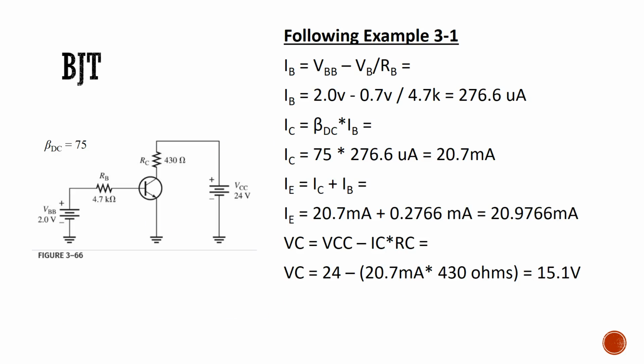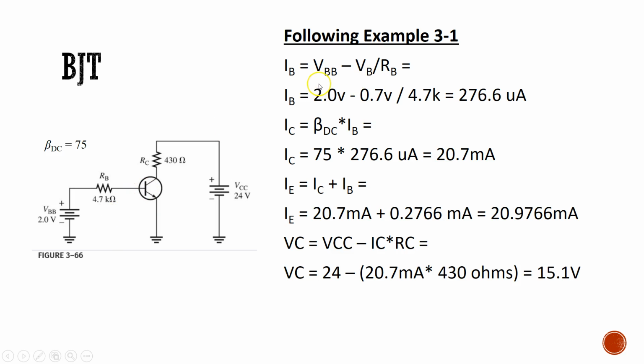If we look at figure 3-66, following example 3-1, we can calculate the base current, which will be the current directly applied to the base that determines whether this conducts or does not conduct, whether it acts as an open or a short, or in between.